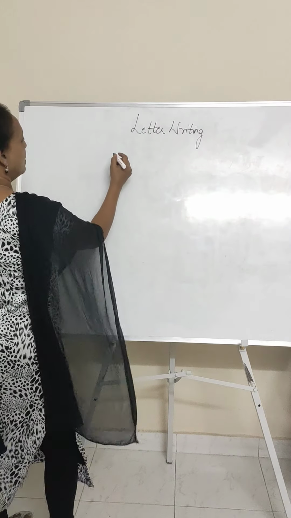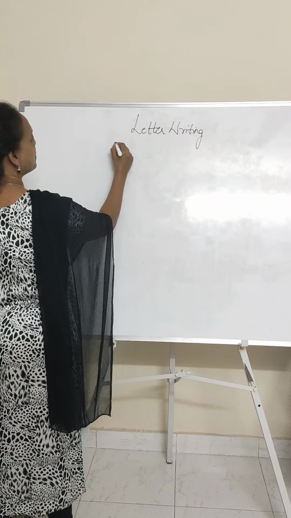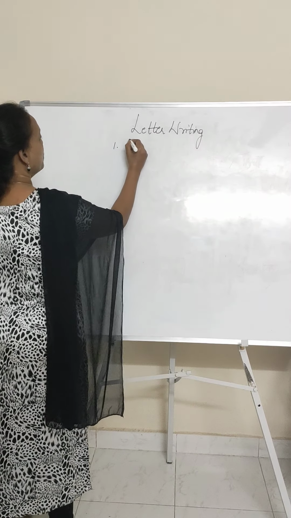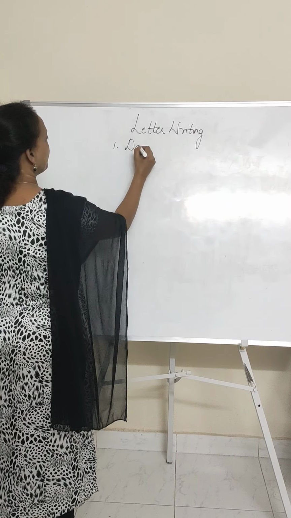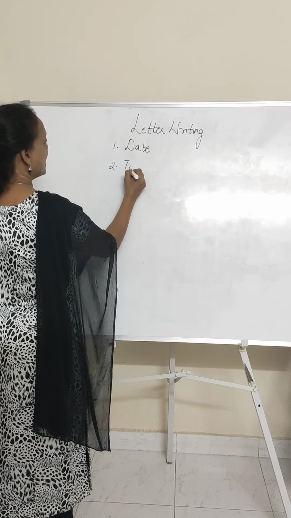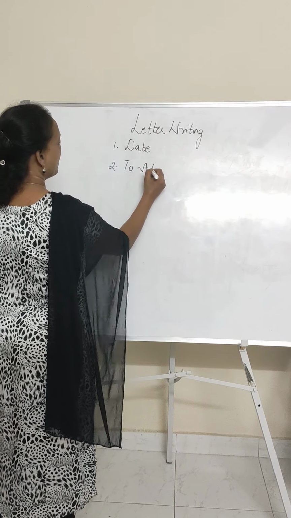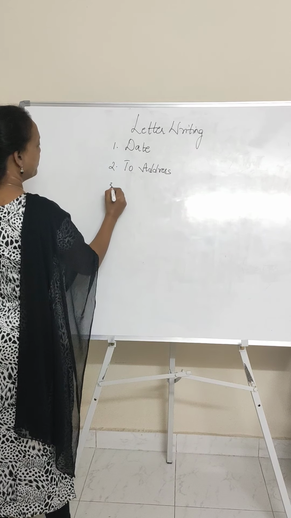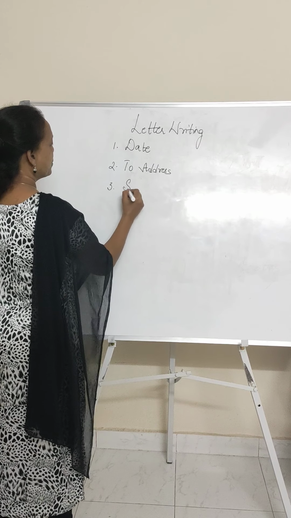So to start with, I'll number the letter writing format today so that it will be easy for you to understand what it is. You will start with the date, okay, and then the second thing is the to address, okay, and followed by the salutation.